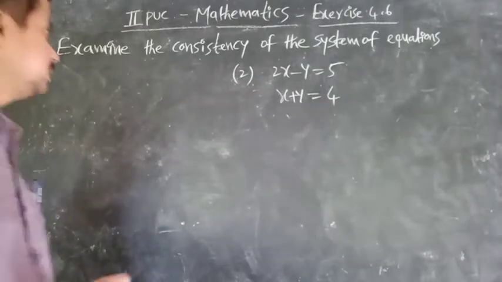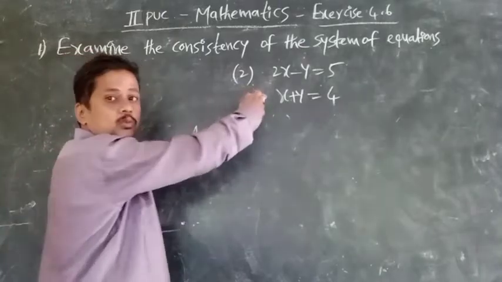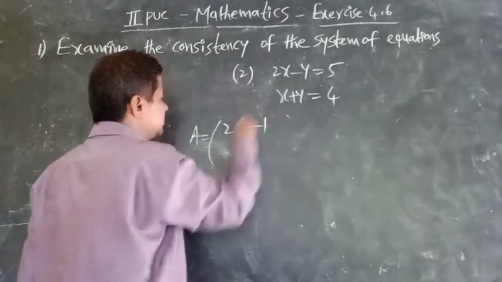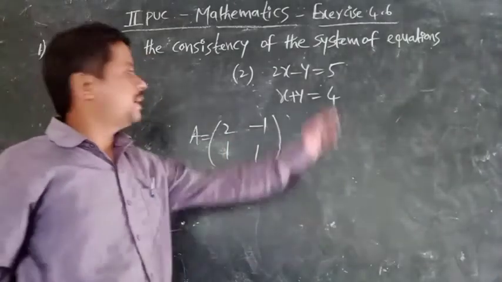Next we will see the second problem. Write down the A matrix: 2, minus 1, 1. Write down x, y. The B matrix has 5, 4.